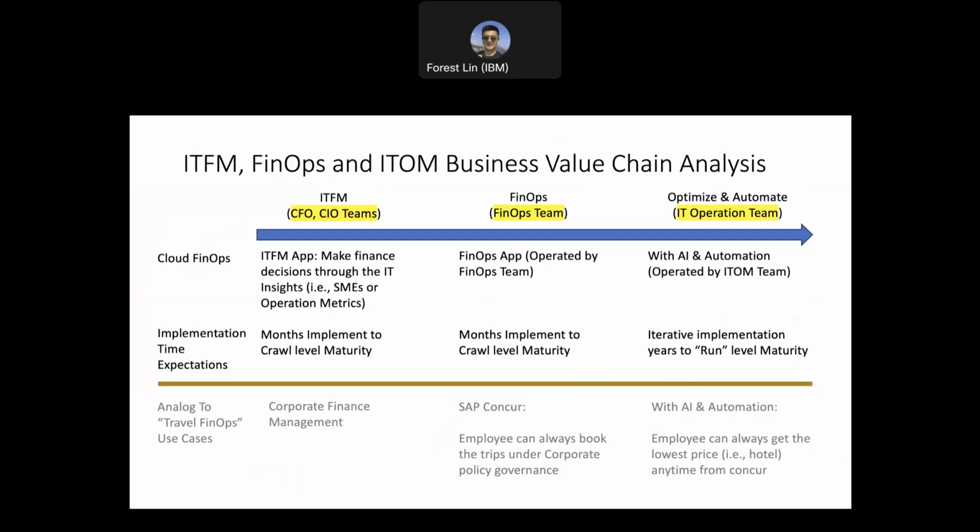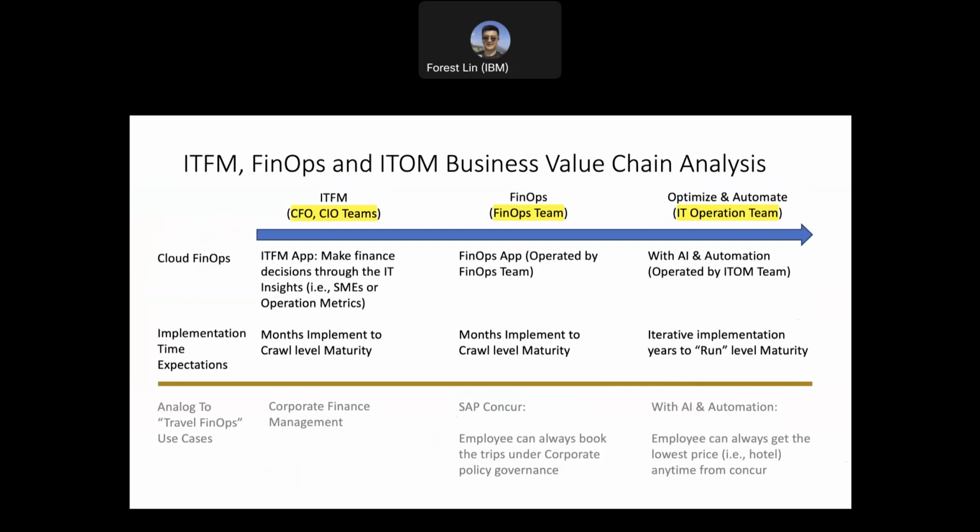The question is, is the whole business application of the SAP Concur perfect or ideal? It is not. Does SAP Concur always recommend the lowest price and the best deal of the hotel? Based on my experience, that is not the case yet.